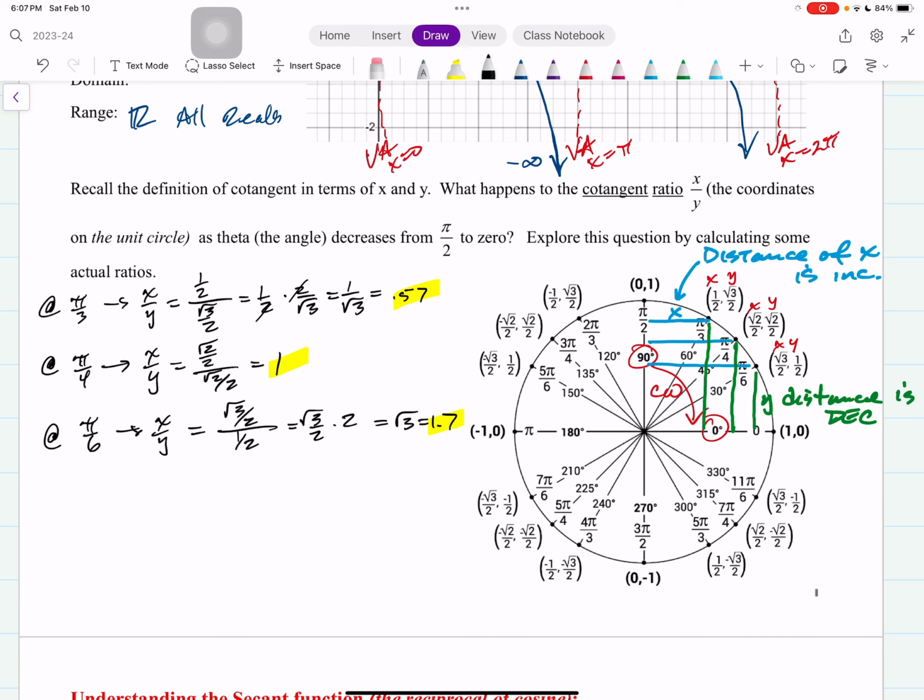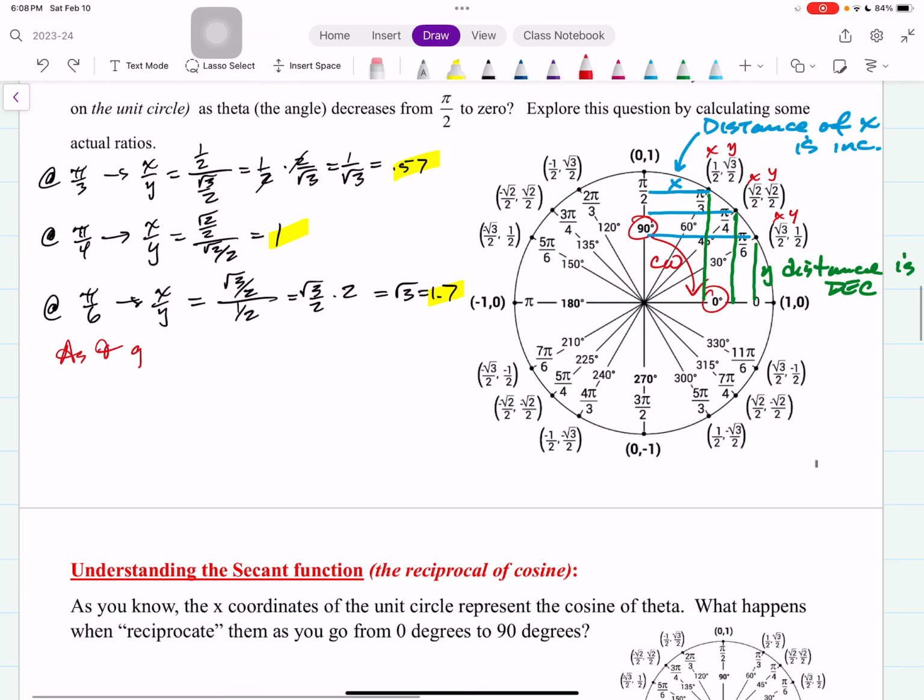So let's make a little note of that. In terms of the ratio here, as theta goes from 90 degrees to 0 degrees, x increases in size as y decreases.